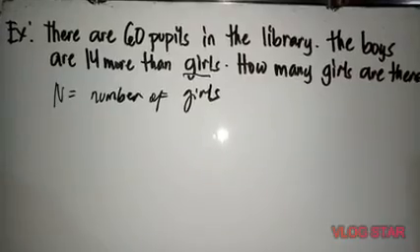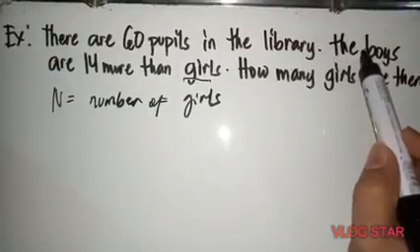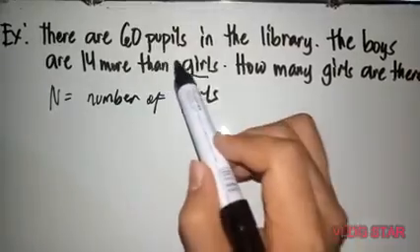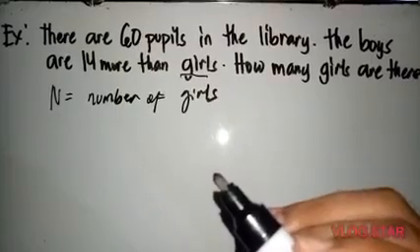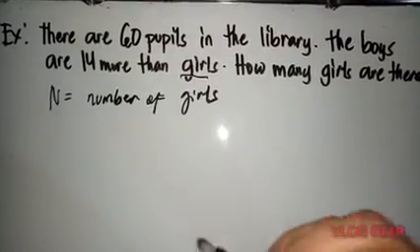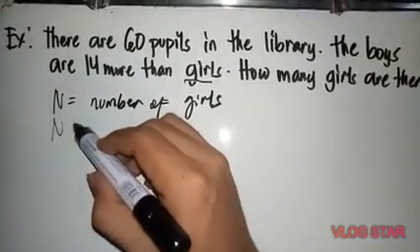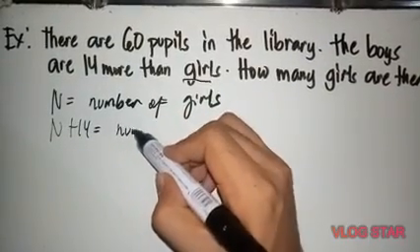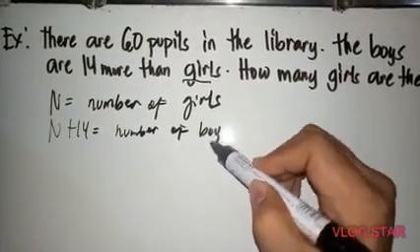For the number of boys, the boys are 14 more than girls, meaning we will increase the number of girls by 14, so n plus 14 is equal to the number of boys.